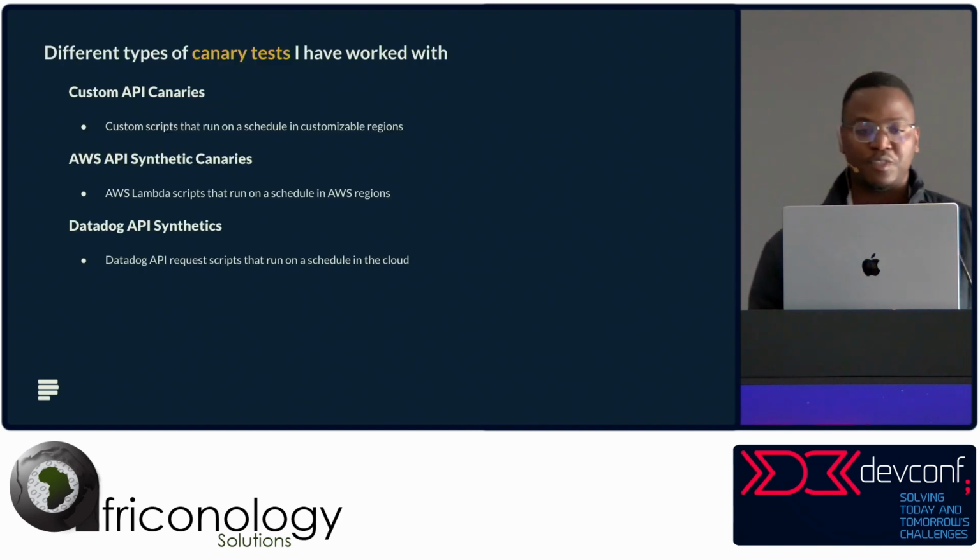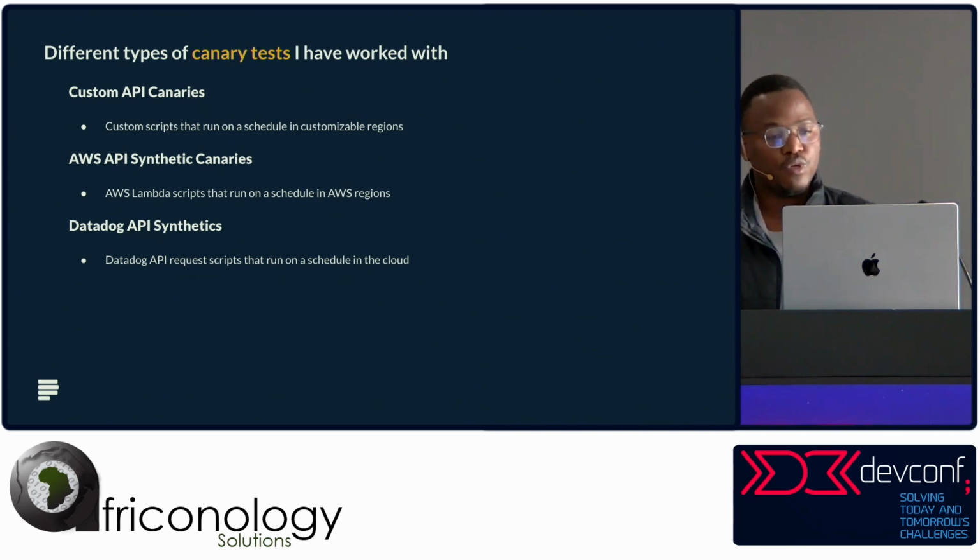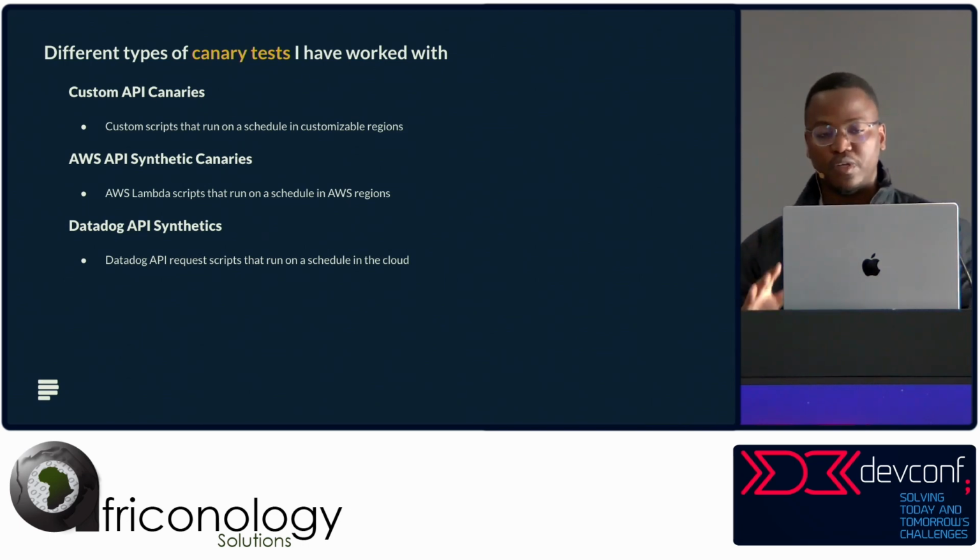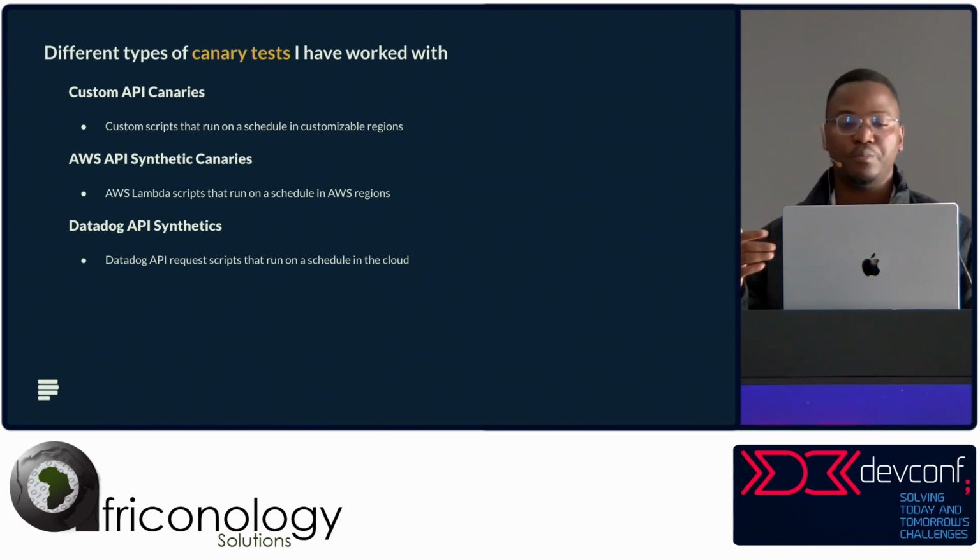So yeah, the different types of canaries that I've worked with, I'll also be going into details for each of these. The first one would be a custom API canary, which is basically your own canary that you'd run on a scheduled customizable region.